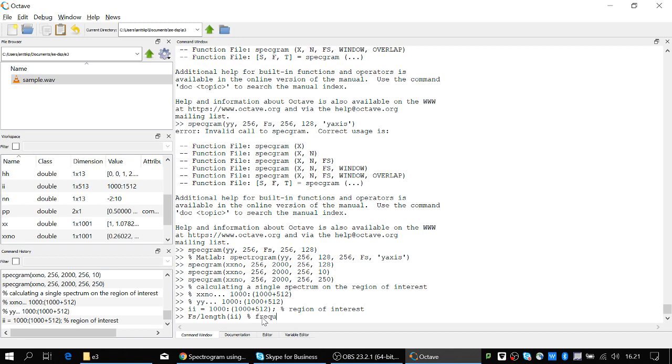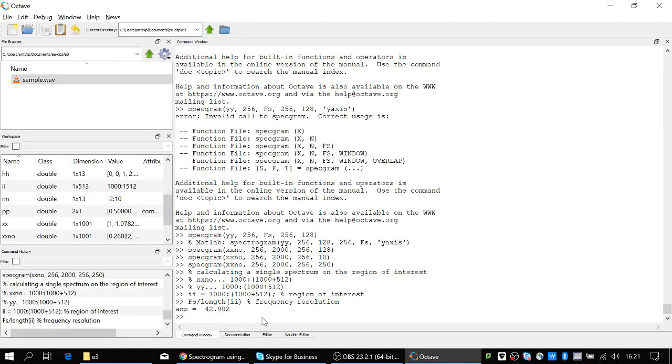So about 42 hertz or 43 hertz frequency resolution if you use that many points of the data. If you need better frequency resolution, then you need to have more data. If you can deal with the less frequency resolution, then you have less data. Simple as that.